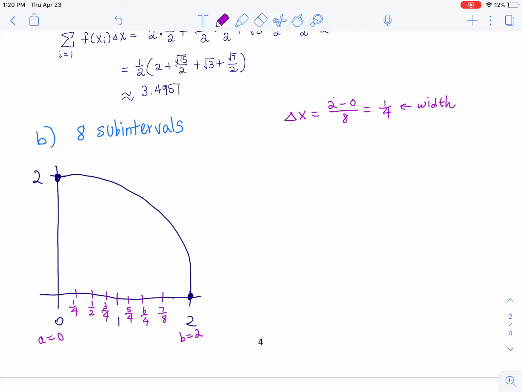So I'm going to have 1/4, 1/2, 3/4 right here, and then 1. And then I'm going to have 5/4, 6/4, 7/4, and then 8/4 is equal to 2.